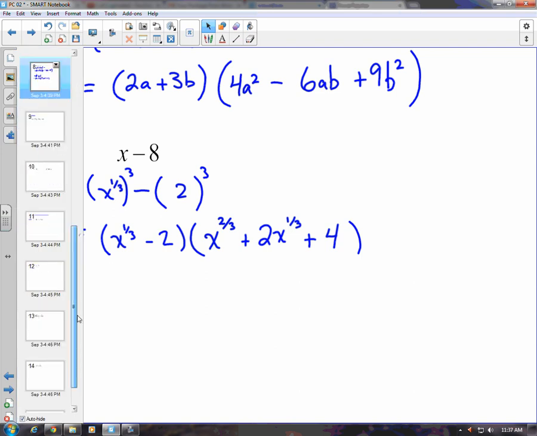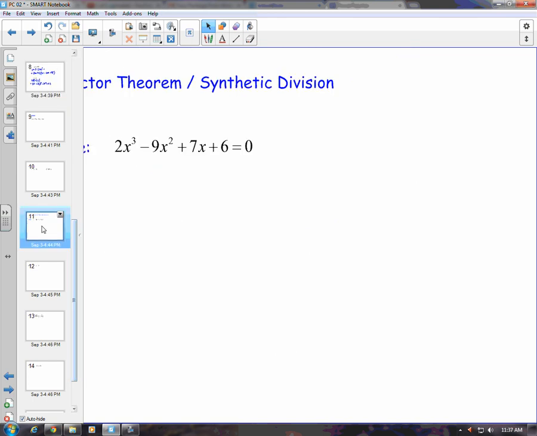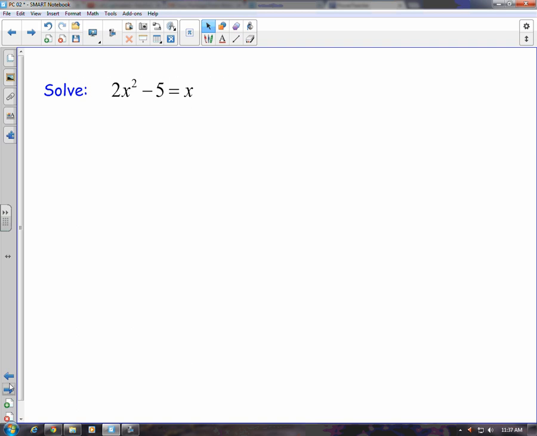Okay, so let's jump to this one. Okay, so let's solve. We're going to solve one that's not a rational equation, and then we'll solve one that is a rational equation.